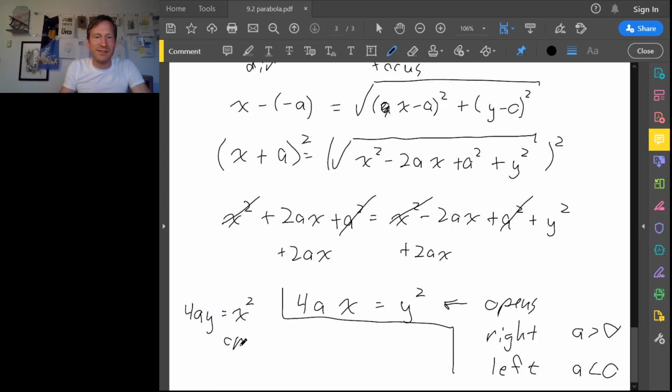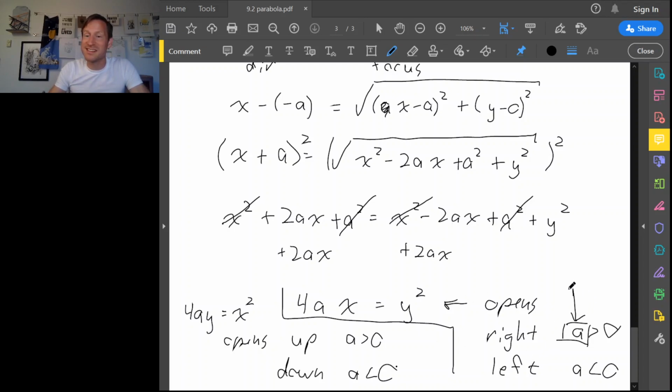This one opens up if a is positive, and down if a is negative. So you can see this distance a actually plays a pretty important role in determining what the equation of the parabola is, and so it has a name. Since it's the distance from the vertex to the focus, it's called the focal distance or focal length of the parabola.